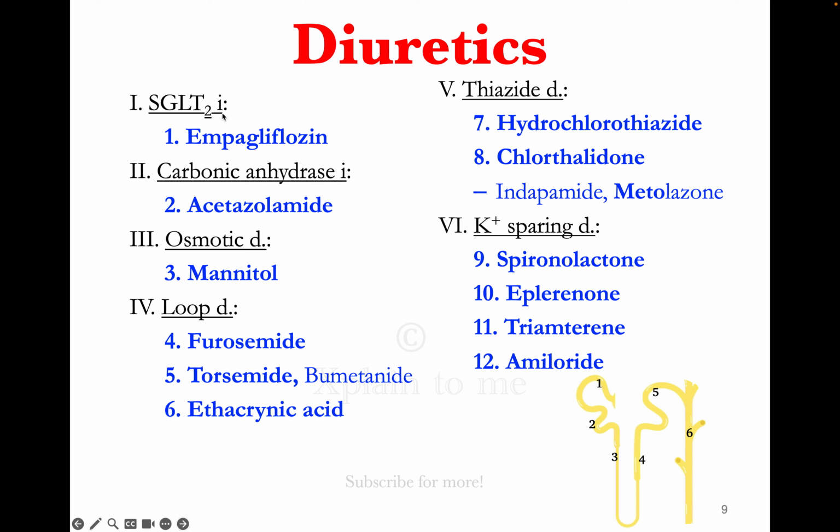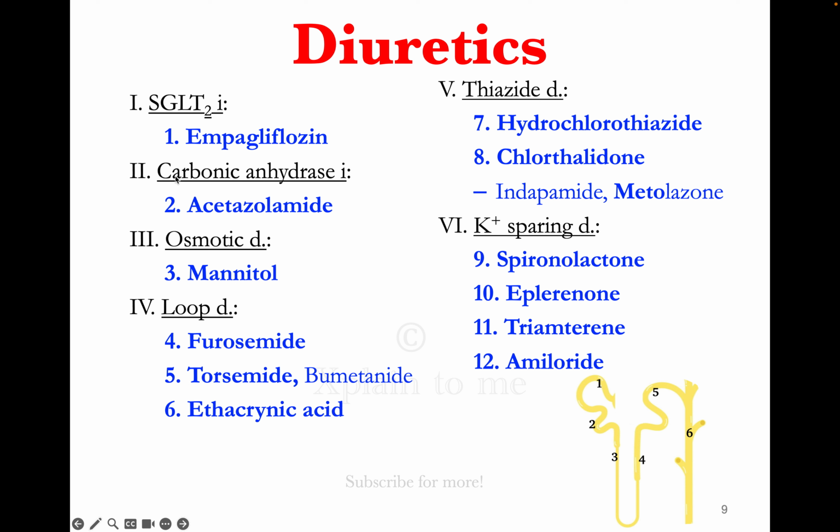SGLT2 inhibitor, drug name Empagliflozin. Gliflozin is a class name, another name for that group of drugs. But just remember, Empagliflozin is a drug name, SGLT2 inhibitor, site of action is S1 segment of proximal convoluted tubule.